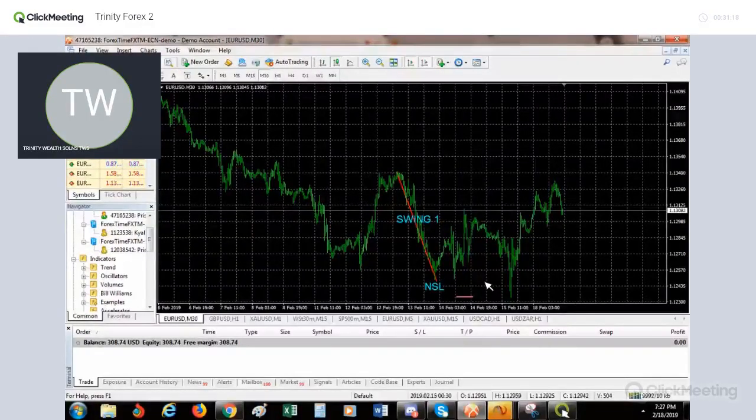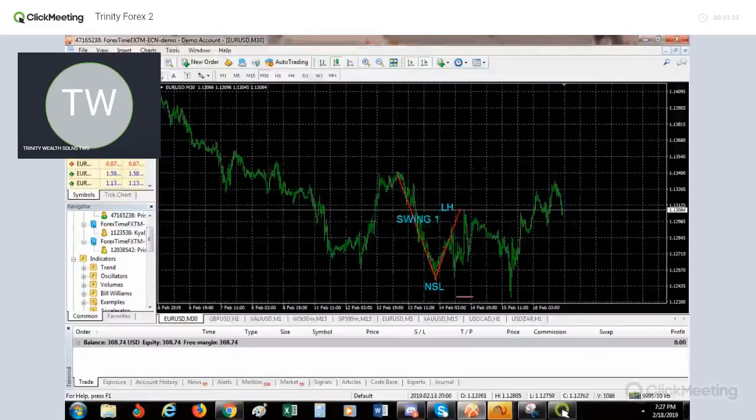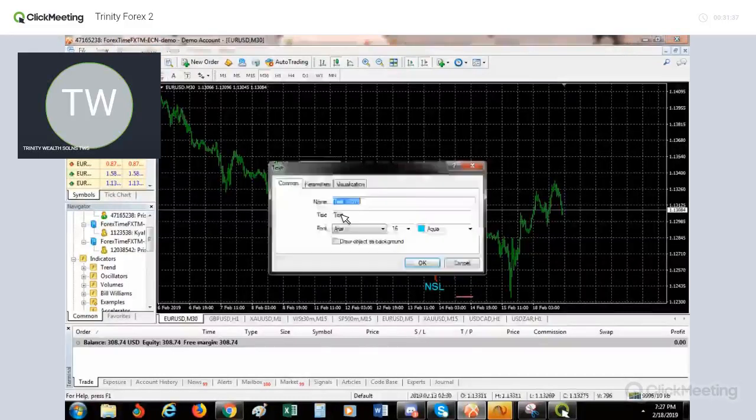Because this low is lower than the previous low here, all right? So our expectation was for the market to retrace, which it did. It retraced and gave us a lower high, all right? Lower high, and it is lower compared to this high here.